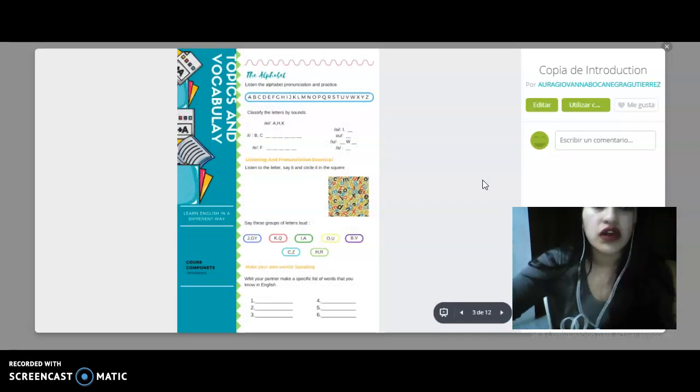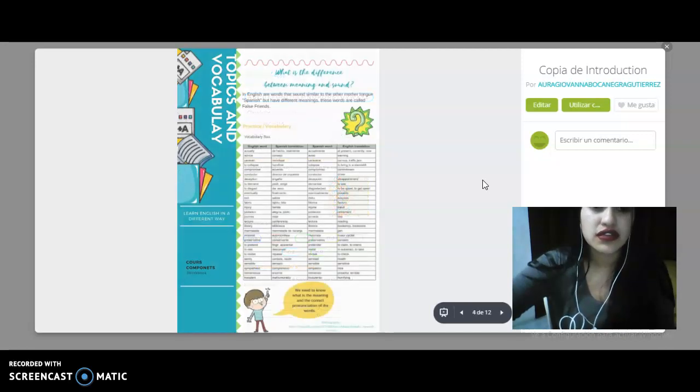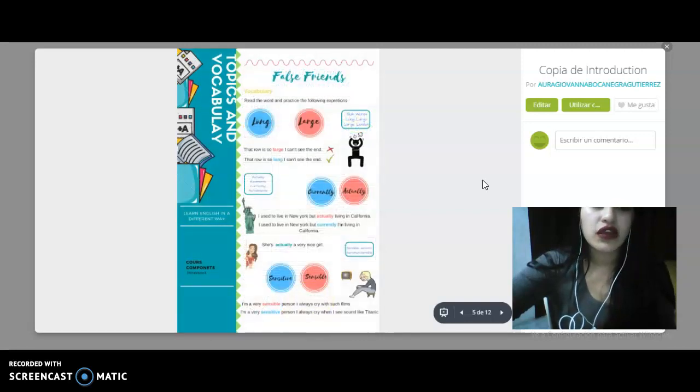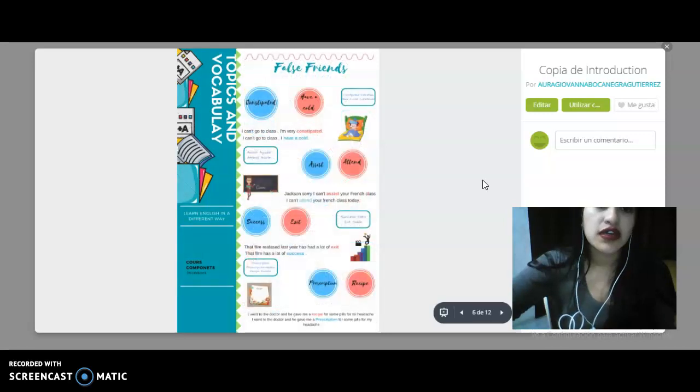One of those is, for example, the beginning of the pronunciation of the words, the letters, how they sound, a specific list of the most common false friends, and here we have some examples: the correct use, and the related word that is similar in Spanish, and what the differences are.